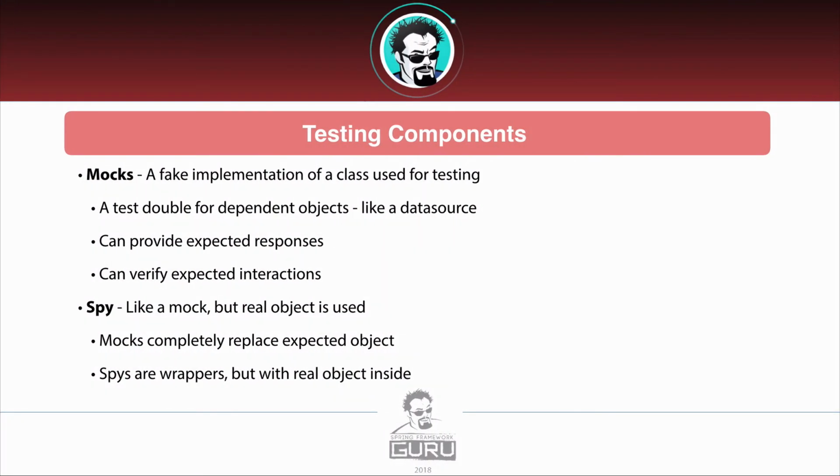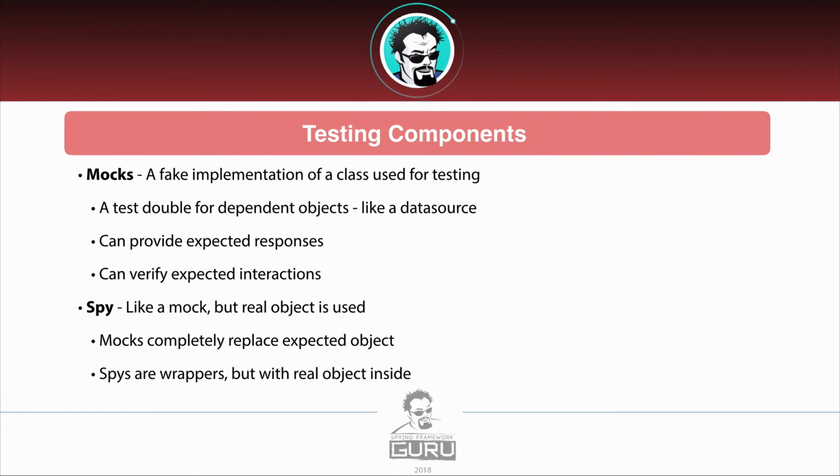Now, just a couple other things that we need to talk about because we will be seeing these in the course as well. Testing components, mocks. This can be a very confusing area. I'm not going to get into it too deep right now. A mock is a fake implementation of a class or an object that you're going to be using in a test. It is like a test double. Think about a data source. Everybody taking this course should be a Java developer, so we've all seen a JDBC data source.